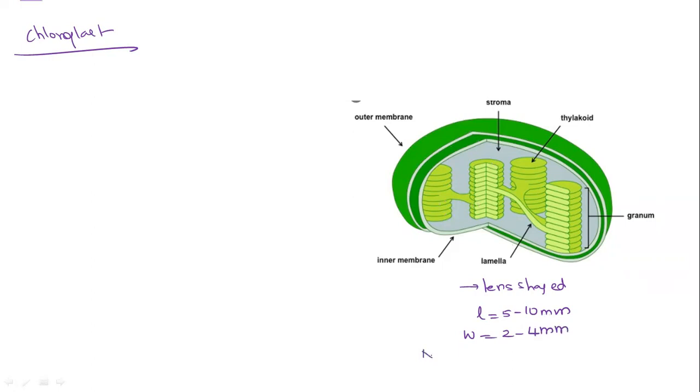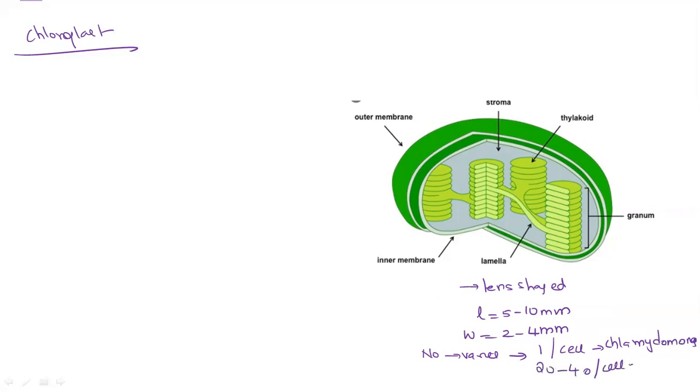Their number varies. It can be 1 per cell, like in Chlamydomonas, or it can be 20 to 40 per cell in mesophyll in algae. So it varies.